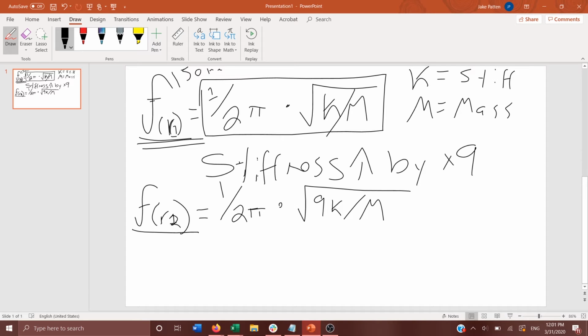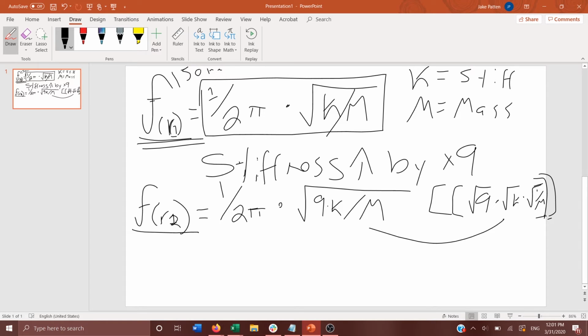If you have 9 times K divided by M, that's a multiplicative thing, or division, which is just multiplying by the inverse. You could break this into the square root of 9 times the square root of K times the square root of 1 over M. It's the same thing. So these are equivalent.